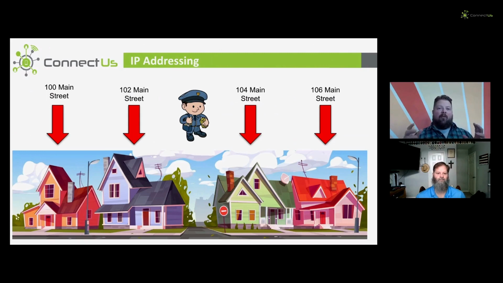So you have one router with one SIM card with one mobile number and one unrestricted static IP address. That's the address that goes out. So what that means is every time an application is sending data to 100 Main Street, it gets there every time. The mailman delivers it there. There's no ifs, ands, or buts about that. So that's kind of more of a reference of what static looks like.